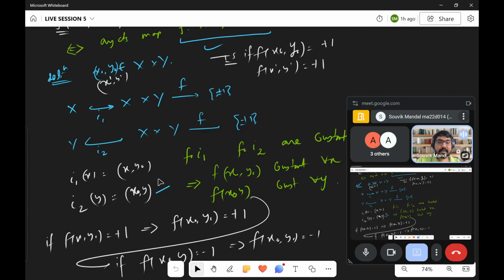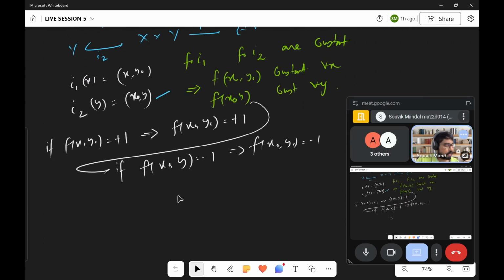So although both are constant, the values are the same. That means f of x comma y naught is equal to f of x naught comma y for all x comma y, and this is a constant.